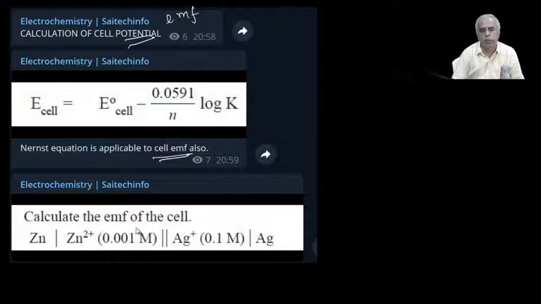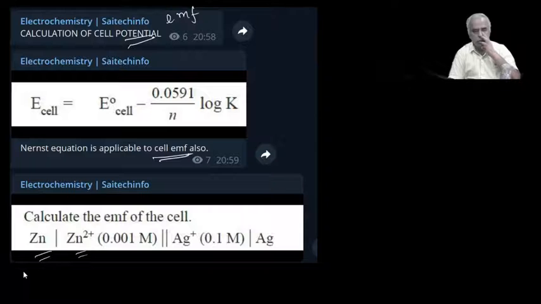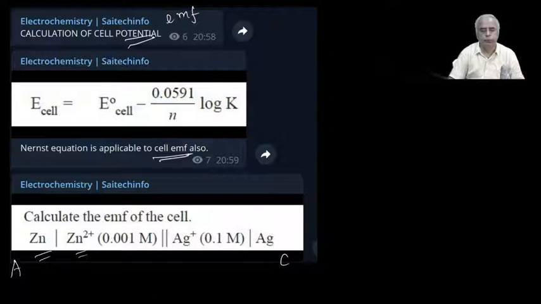Let us calculate the cell EMF of the cell Zn | Zn2+ (0.0001 M) || Ag+ (0.1 M) | Ag. The double bar represents the salt bridge. Always remember, on the left side you have the anode, and on the right side you have the cathode. Let us proceed.